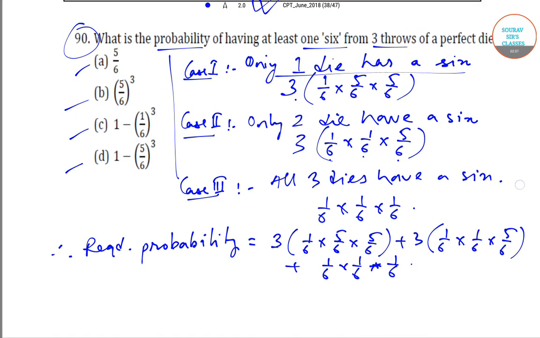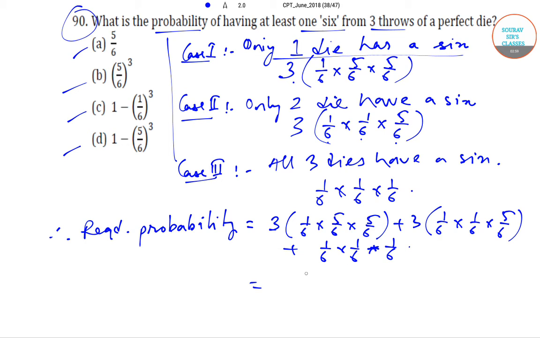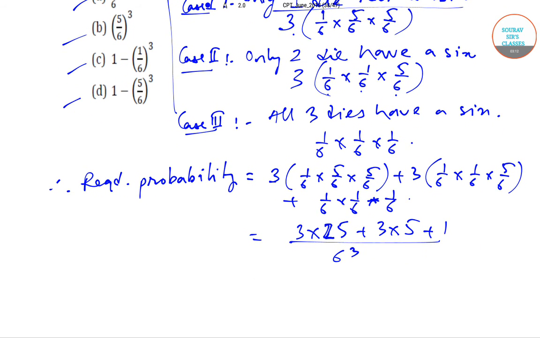So this is the structure. Upon solving it, we finally get 3 into 25 plus 3 into 5 plus 1, by 6 cube, and this is ultimately equal to 91 by 6 cube.